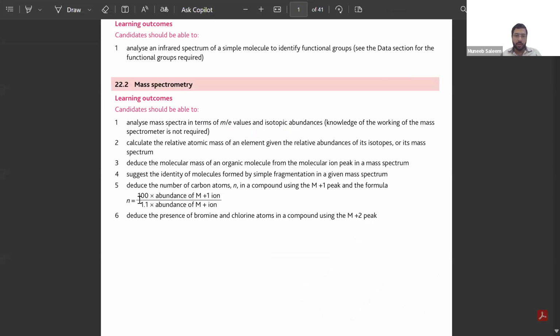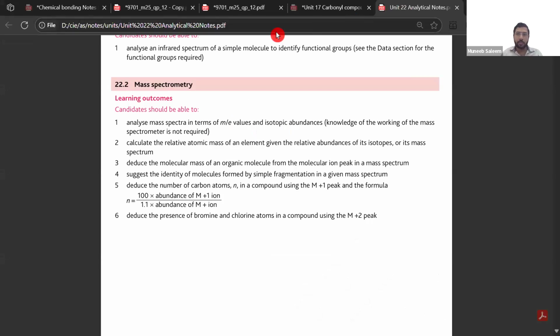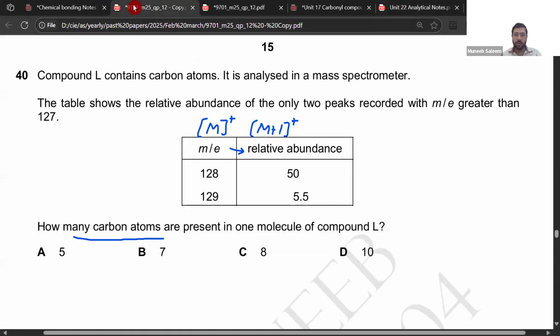N is equal to 100 times the abundance of the M+1 ion divided by 1.1 times the abundance of the M+ ion. Now we have to determine which of these are the M+1 and which is the M+ peak. So this is 128 and this is 129. So we can consider that this 128 is basically the actual molecular ion peak. So the molecular ion is basically the M+ peak.